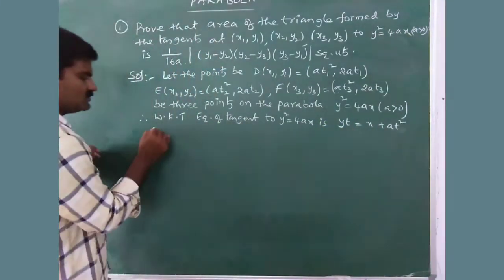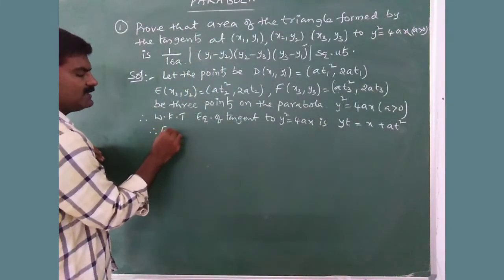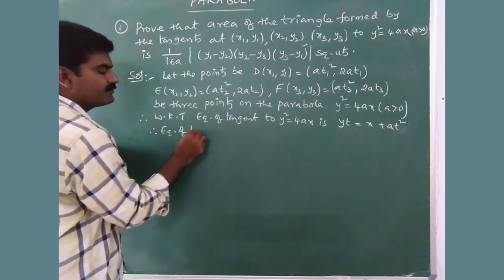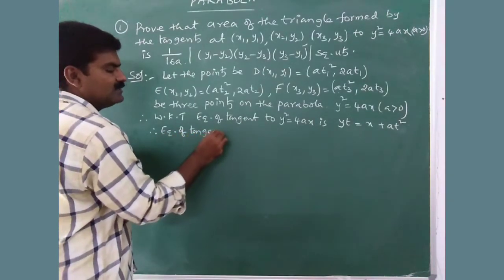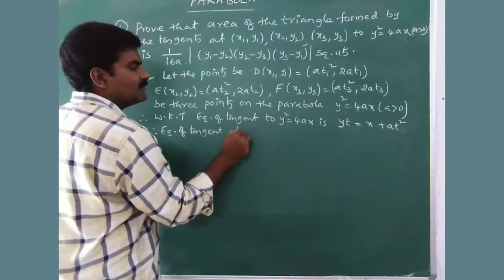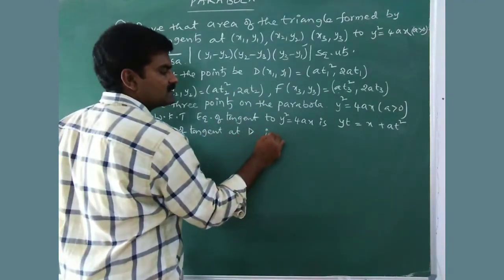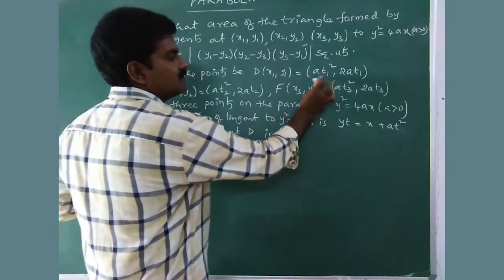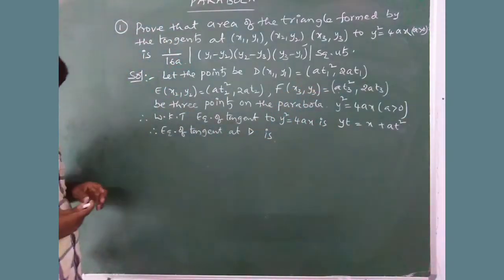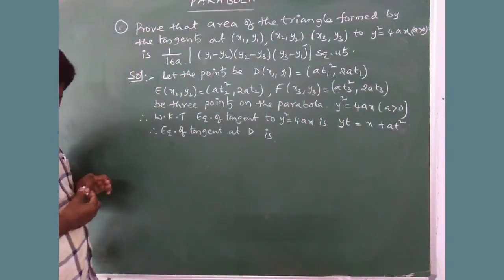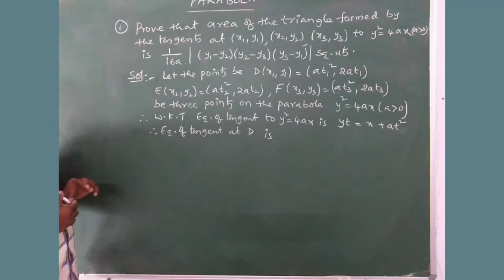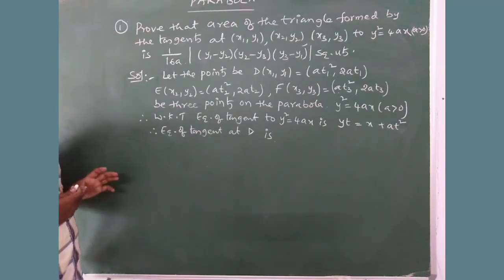Now I want the equation of tangent at the point D, so T can be replaced with t1 here.